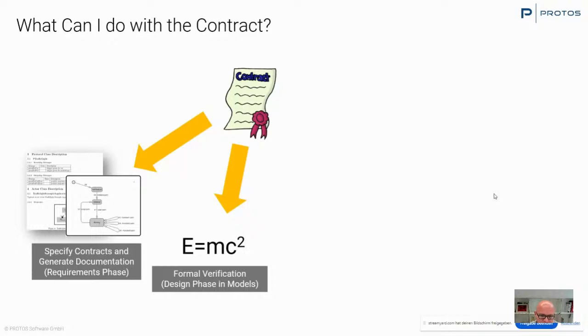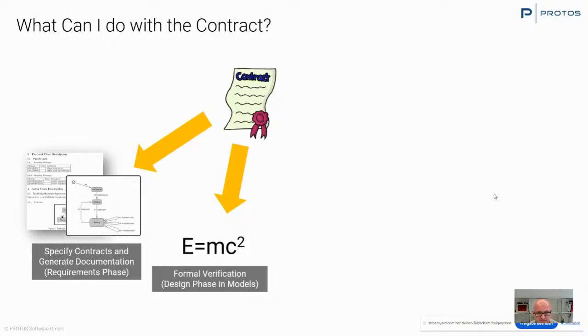We can formally verify in the design phase in the models. If I have a model that's capable of formal verification, you cannot do this with code, or it's really hard to do with code, and you also need the right modeling language to verify in the design phase.